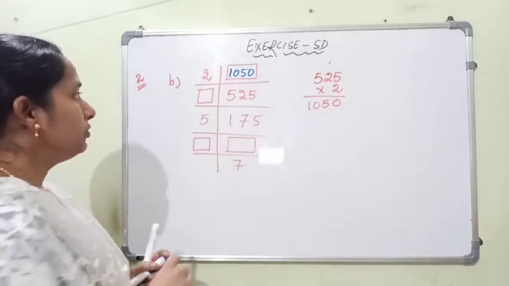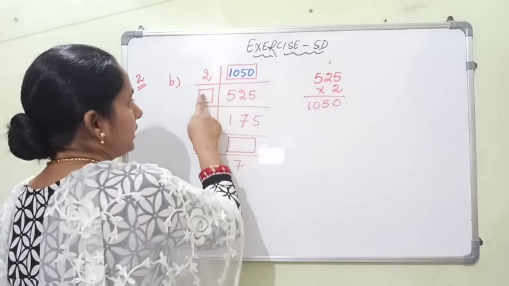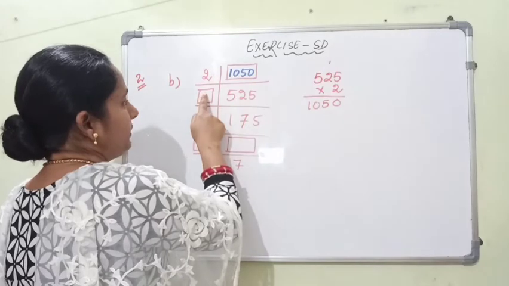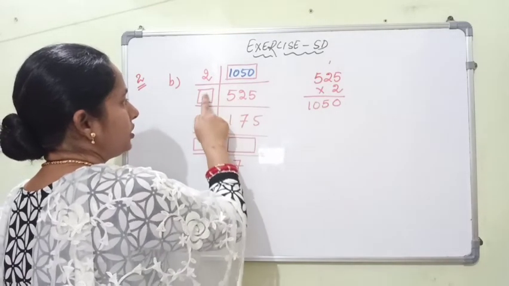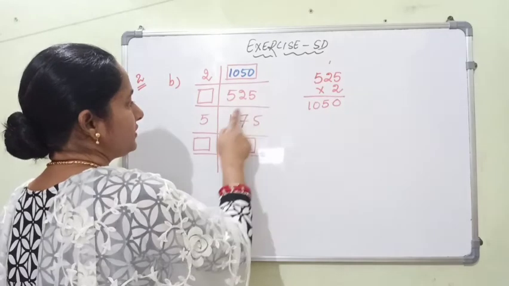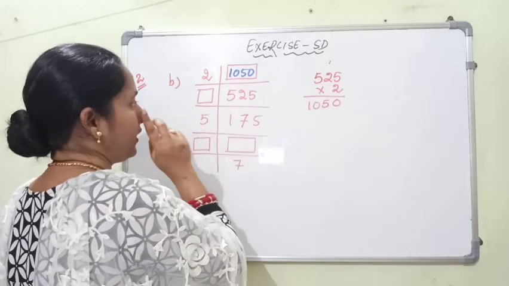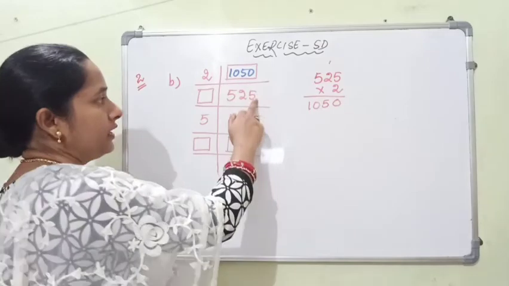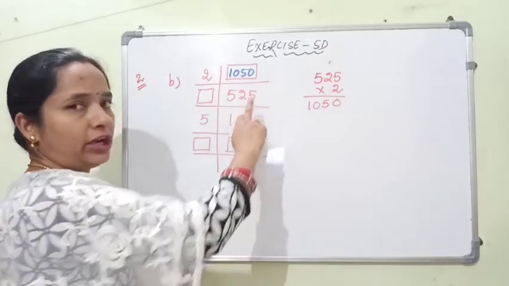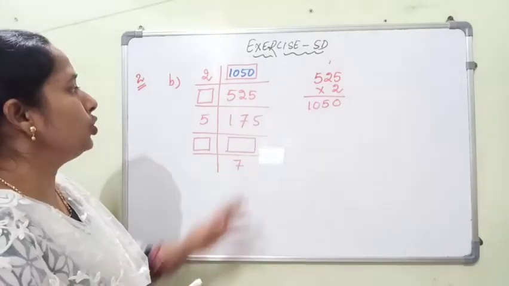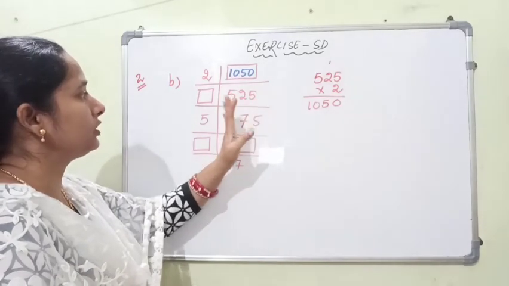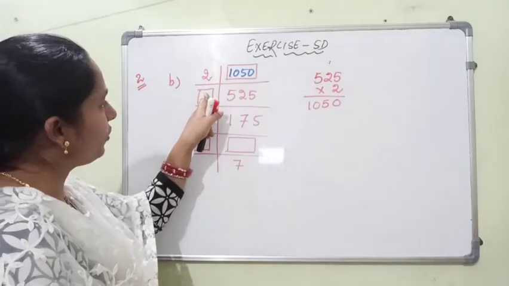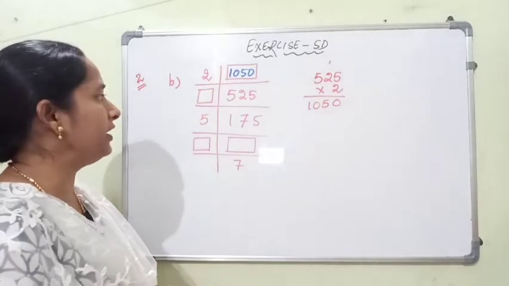Understood? Now here, what will be the number by which you can factorize or divide 525 such that you get 175? See, we cannot divide it by 2 or 3 or whatever. So by what number you can divide, that you can find out.